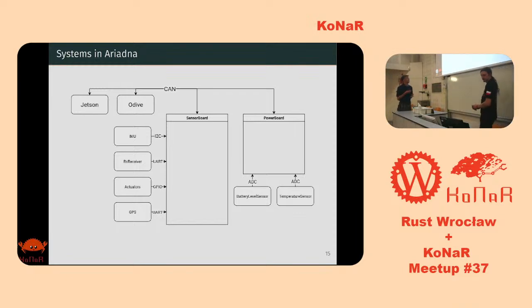Essentially the IMU, RC receiver, actuators and GPS are contained on one board, and the power board monitors the battery level and temperature of the whole robot. And it uses the CAN bus to communicate with the Jetson and the ODrive, which is our DC motor driver. And in a while, we will see the implementation, I believe.